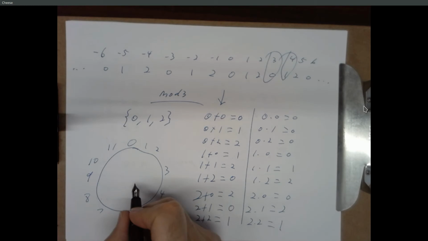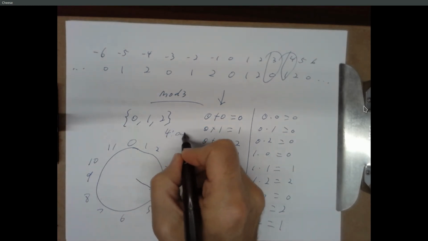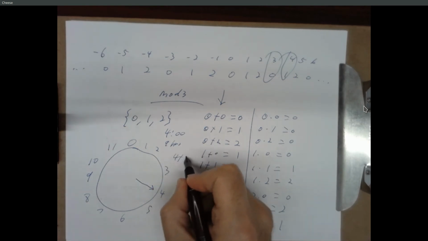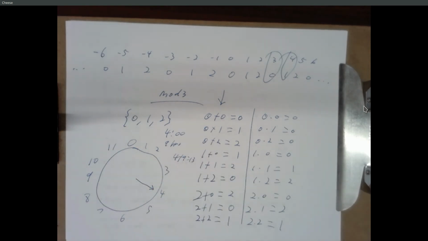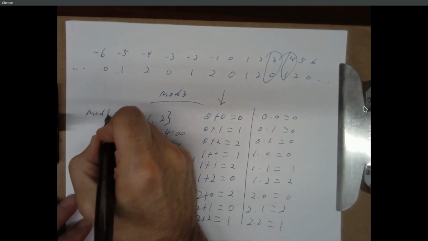But if it's 4 o'clock and you want to know what time it is 9 hours later, 4 plus 9 is 13. We don't say it's going to be 13 o'clock. We say it's going to be 1 o'clock. Right? So when we do time on a clock and we're looking at hours, we're really working modulo 12.